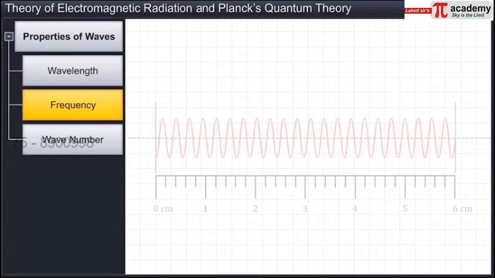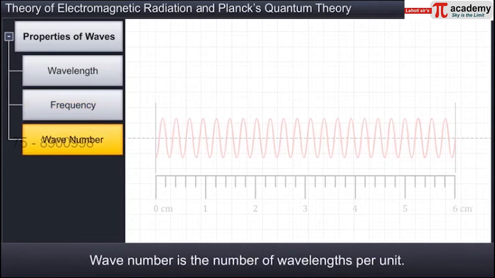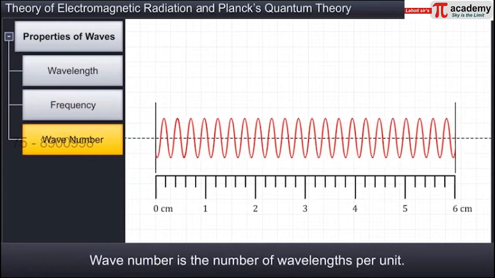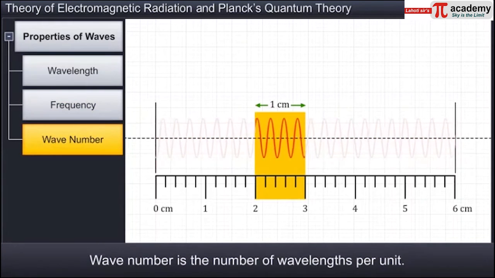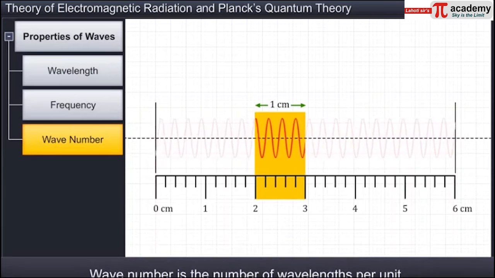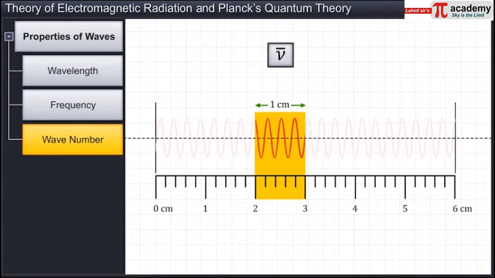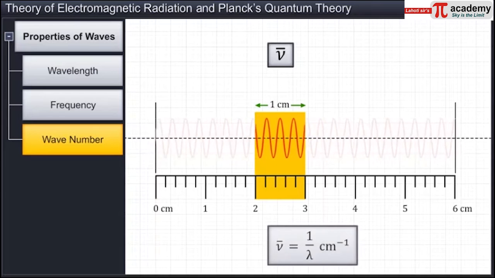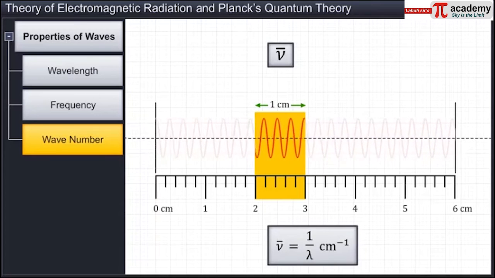The last characteristic of a wave is the wave number, which is defined as the number of wavelengths per unit length. It is denoted by the symbol nu bar and given by the equation nu bar equals 1 by lambda per centimeter.